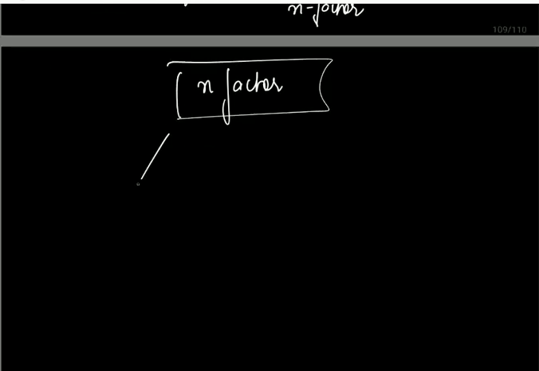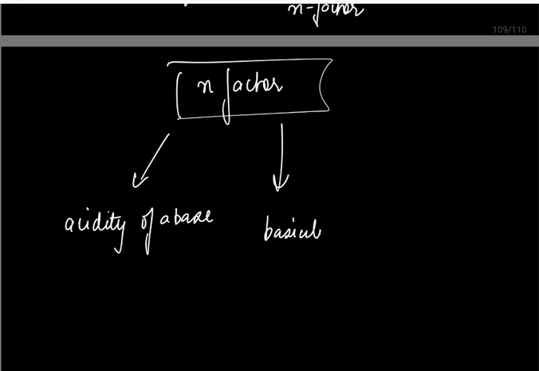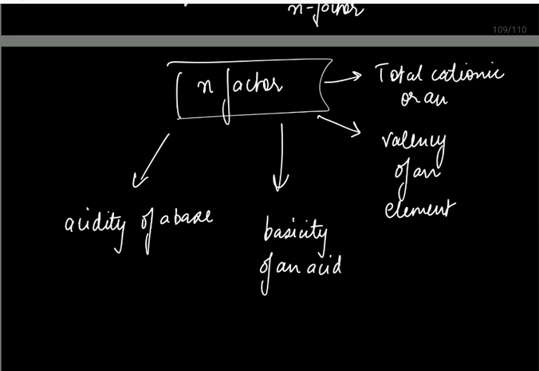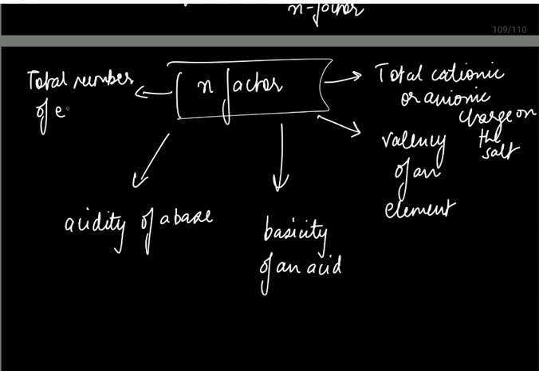So this n factor can be multiple things: it can be the acidity of a base, the basicity of an acid, the simple valency of an element, or the total cationic or anionic charge on the salt, or it can be the total number of electrons lost or gained.